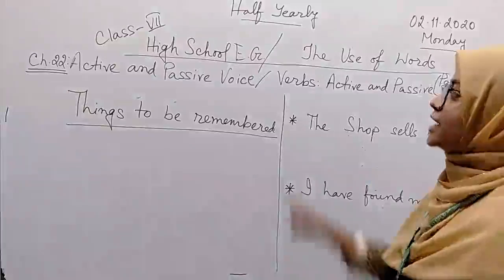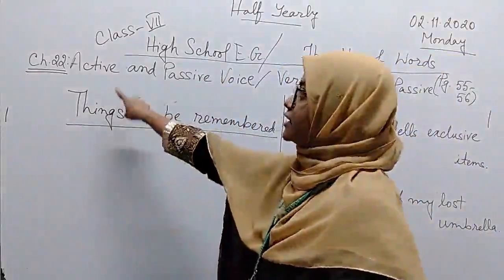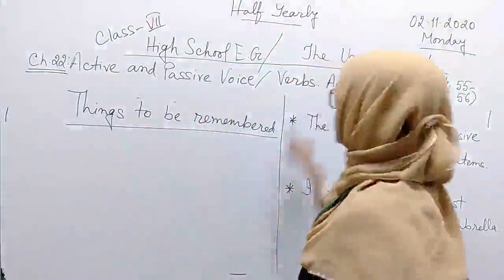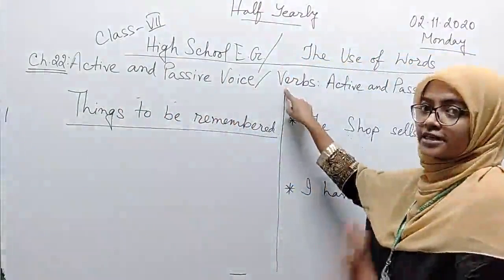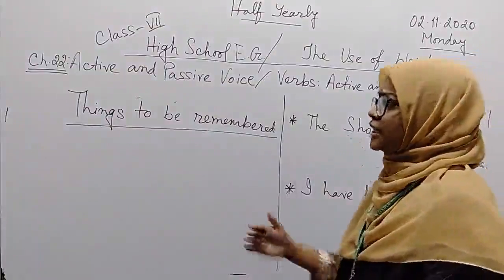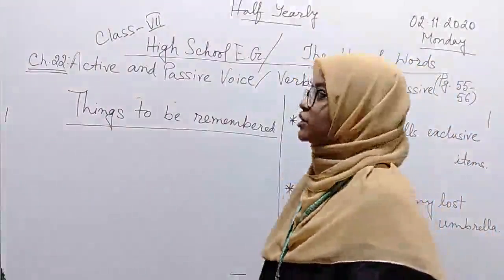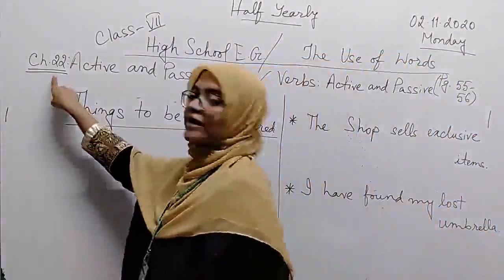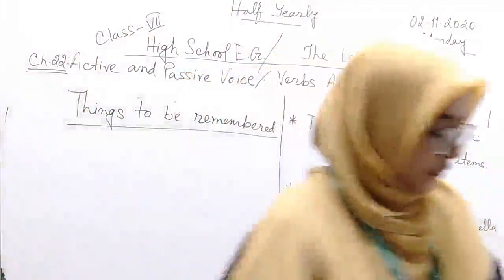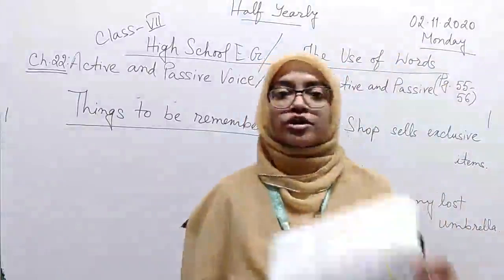And in High School English Grammar, you will find the same topic named as active and passive voice, only that verbs is not mentioned in the title, in the caption, but you will find the word in the discussion, in the explanation of the chapter. The chapter is 22. Once again, I am unable to tell you the page because I have a different book from you.